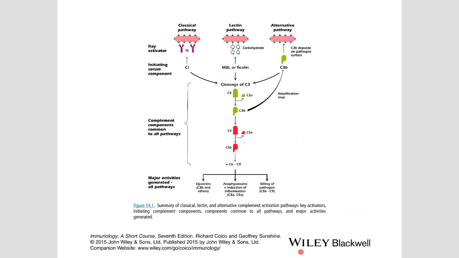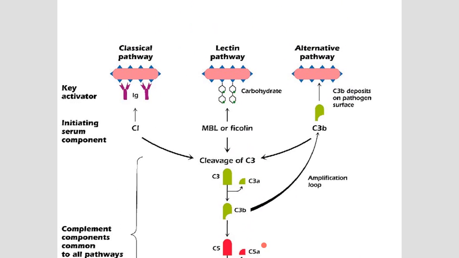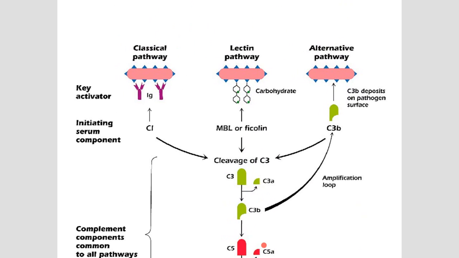Okay, now let me play with it if I could. You can see from here, as I said earlier, that there are three pathways: classical, lectin, alternative.